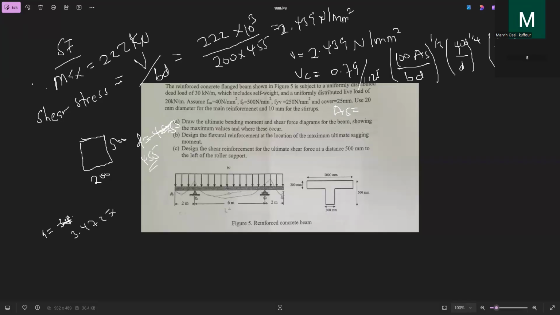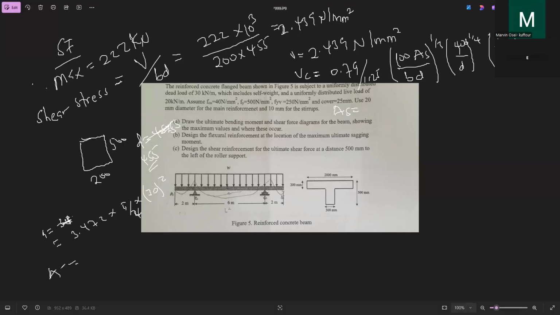So pi over 4 times the diameter, which was 20, squared, right? But if you still have the area, you can just give it to me so that we don't go through the actual process of AS.